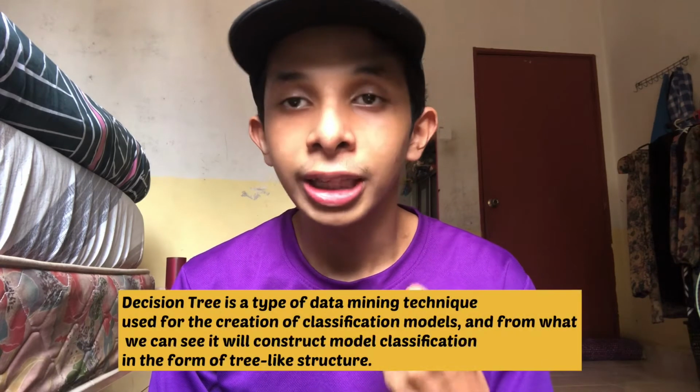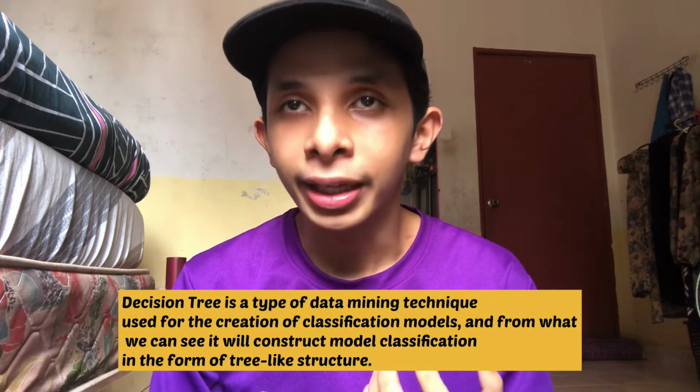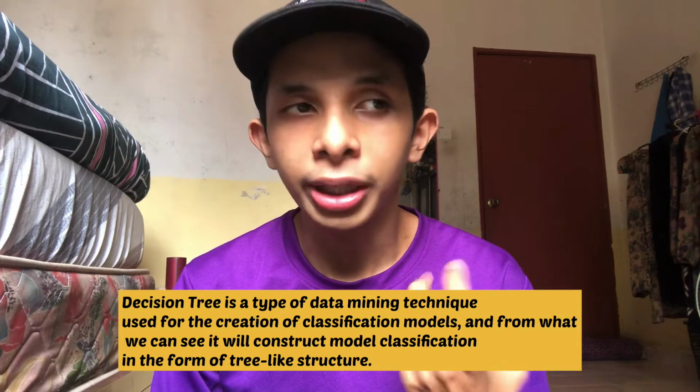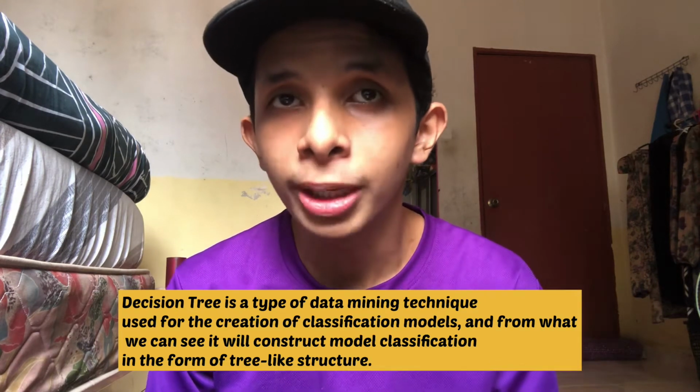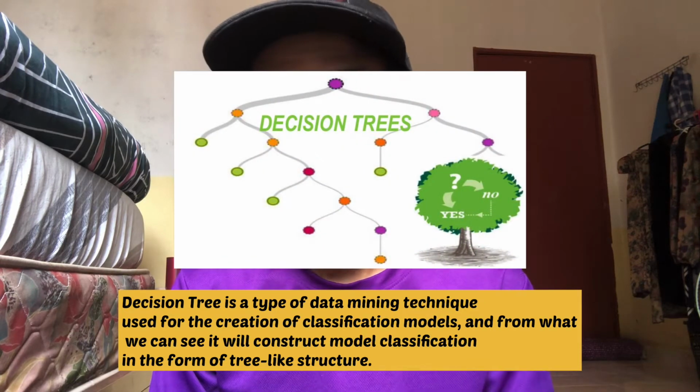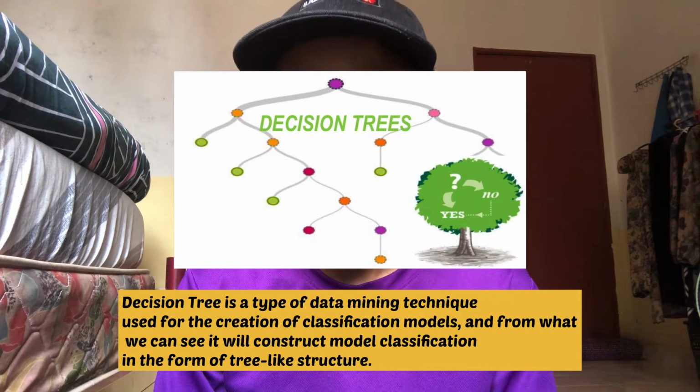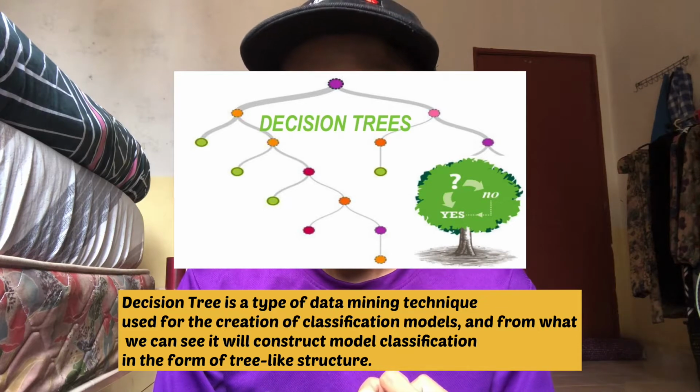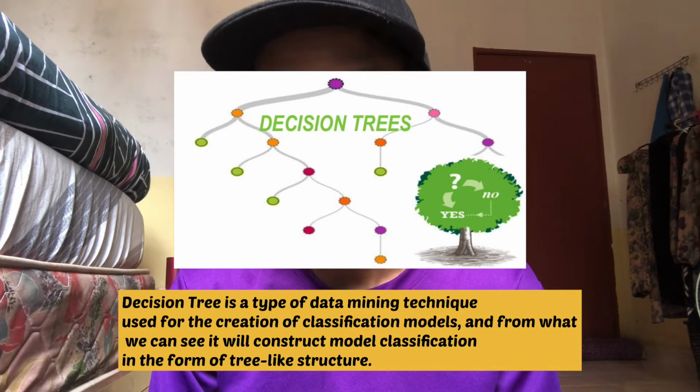Generally, decision tree is a type of data mining technique used in the creation of classification models, and as we can see, it will construct a classification model in the form of a tree structure.